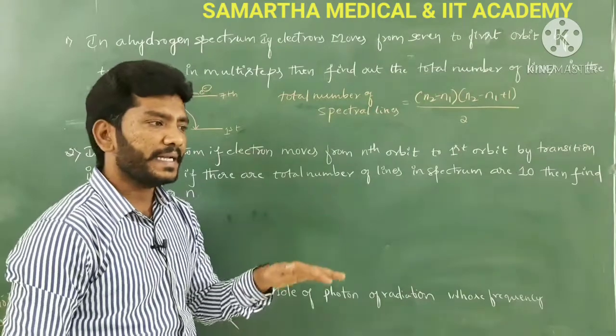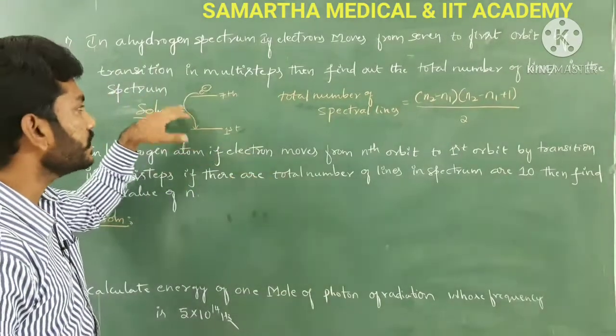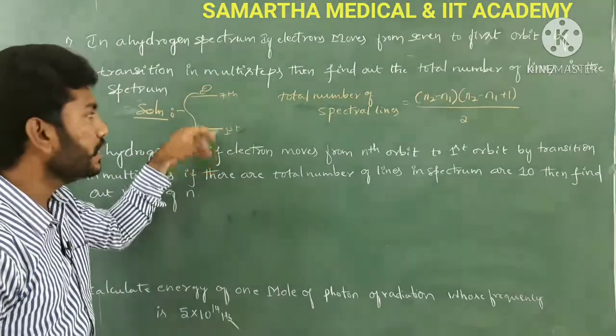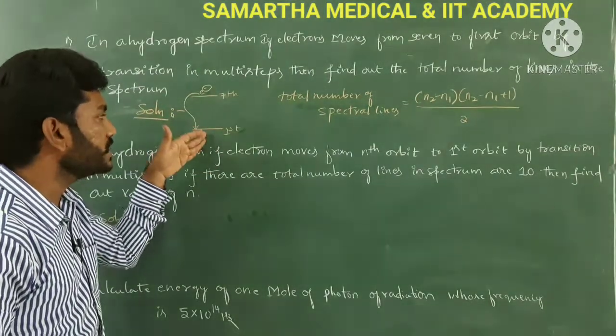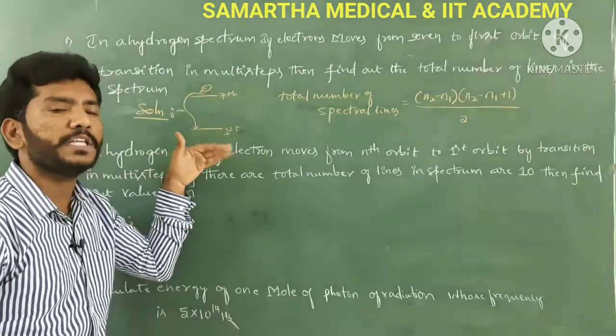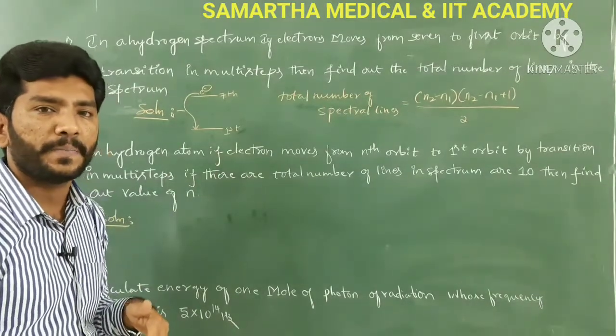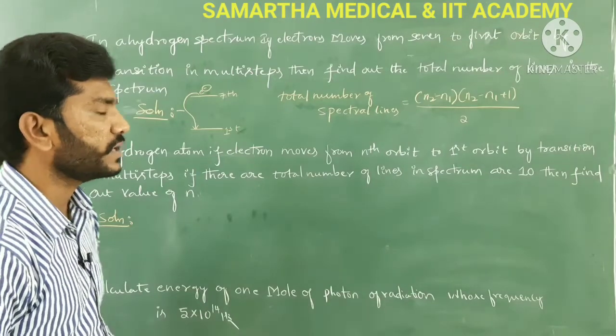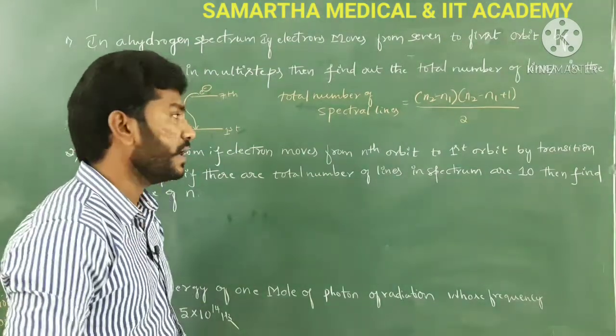Right now we have a problem where an electron jumps from the 7th orbit to the 1st orbit, and we are going to calculate how many spectral lines we get. So how do we find the N1 and N2 values?